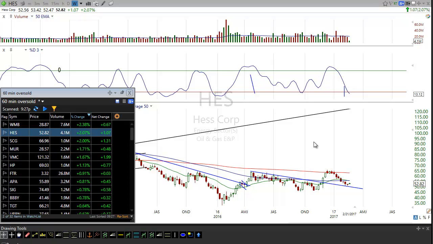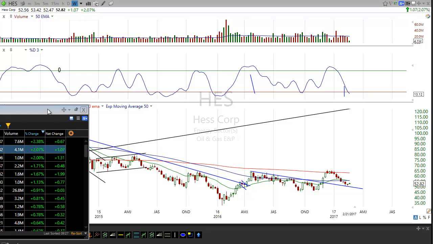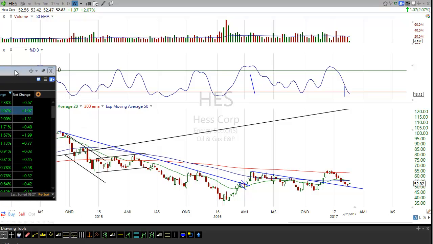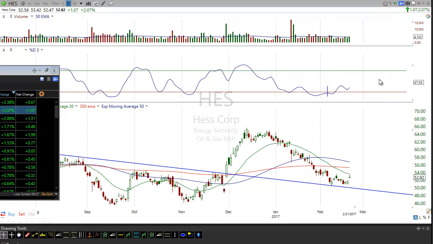Now Hess is interesting because it's showing up on multiple scans. It's also kind of an HPS setup. It's definitely an HPS setup based off of the multiple indicators that are lining up. You have a trend line breakout and a trend line retracement. You have a 60-minute, a weekly, and you also have almost a double bottom divergence here.